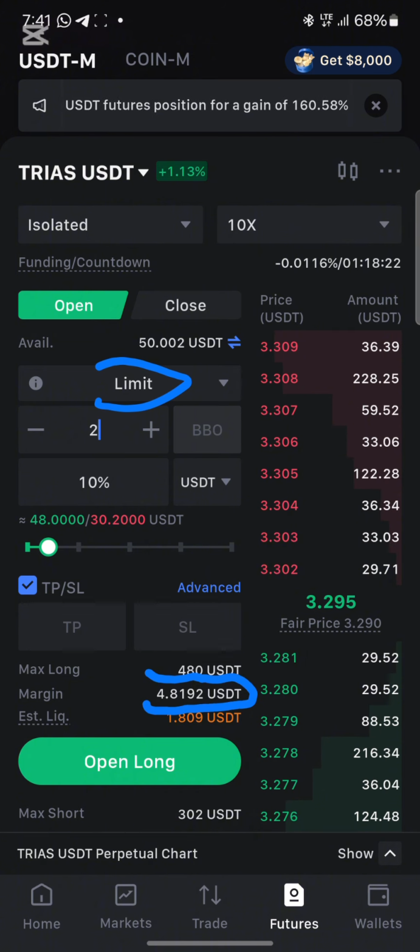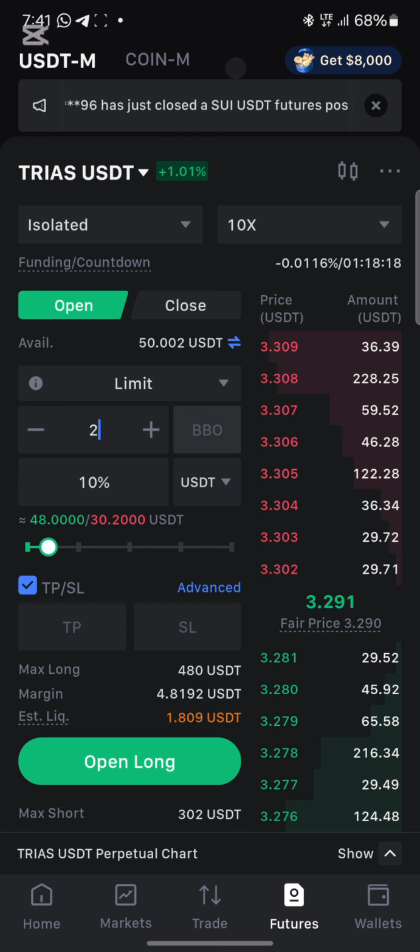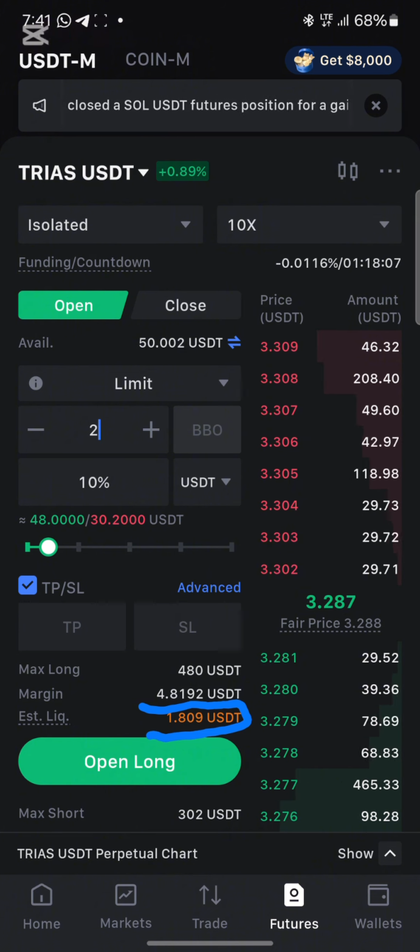My margin is 4.8192, and you can see my liquidation price here. It means that if I enter this trade and it triggers and begins to trade, and this coin gets to 1.8, I will lose this trade. I will lose my margin.